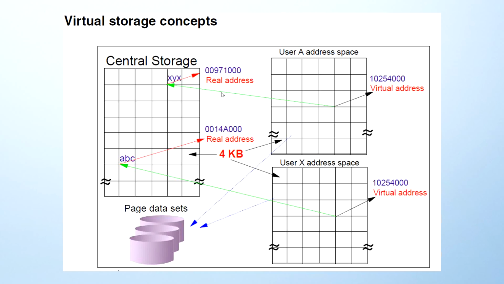We are not getting into the detail of how an address is translated from virtual to real. But you can see this virtual address is translated into a real address, and it is accessing the data belonging to XYZ.